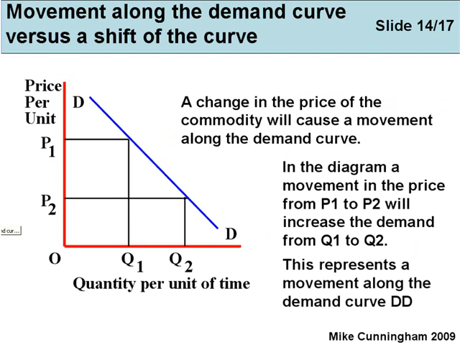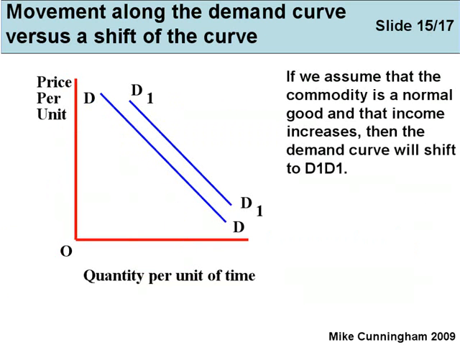Now let's consider a shift of the curve. If we assume that the commodity is a normal good and that income increases, then the demand curve will shift to D1. What do I mean by normal good? A normal good is one where as income increases, the demand increases. There is a video on that in this series, so have a look at the video on income and demand.